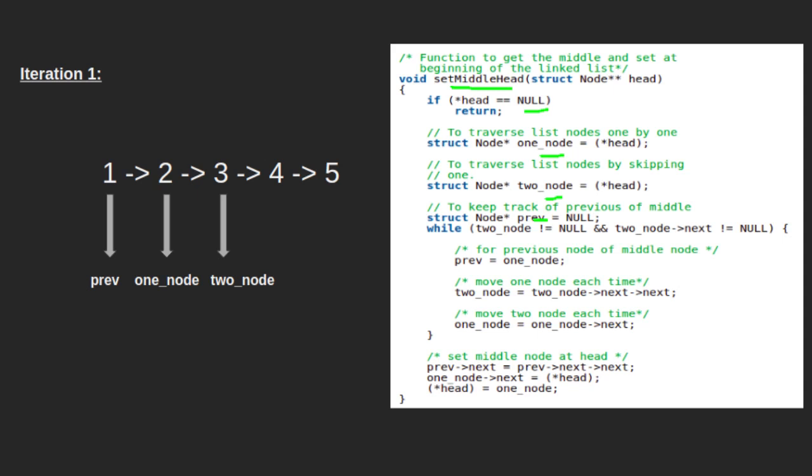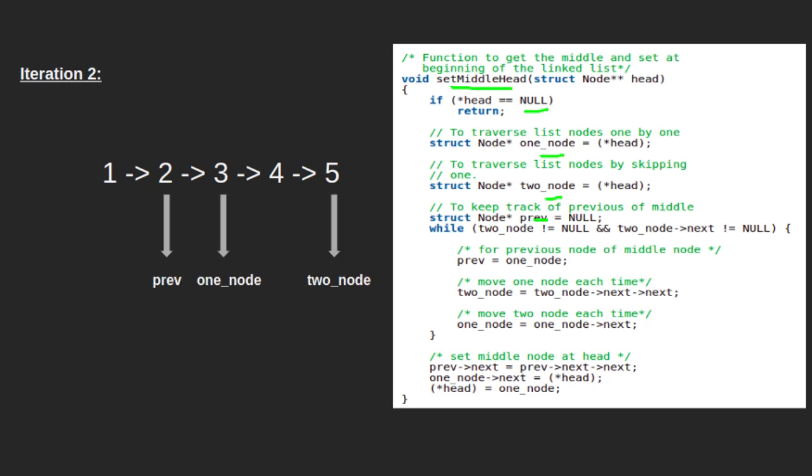In the next iteration, 2_node will point to 5, 1_node will point to 3, and prev will point to 2. Since next of 2_node is null, we will stop traversing the linked list.